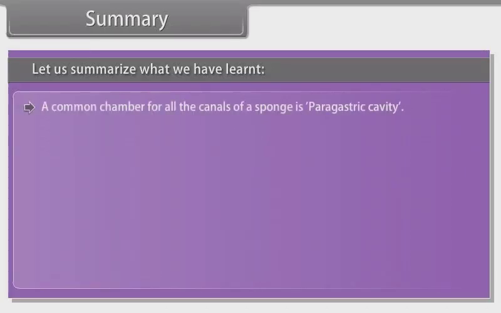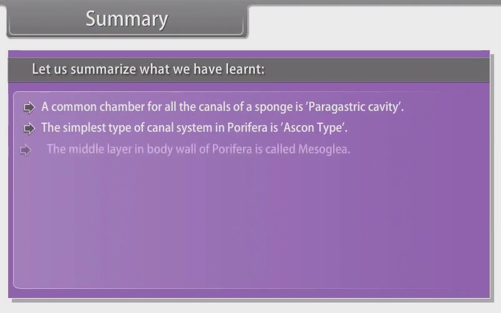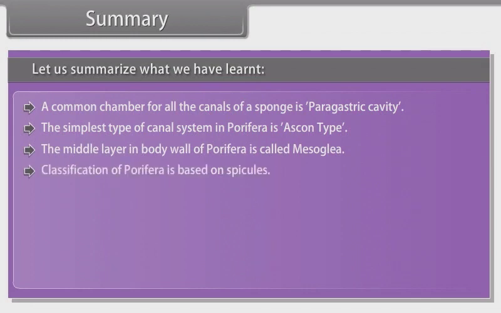A common chamber for all the canals of sponge is paragastric cavity. The simplest type of canal system in Porifera is Ascon type. The middle layer in body wall of Porifera is called mesohyl. Classification of Porifera is based on spicules.